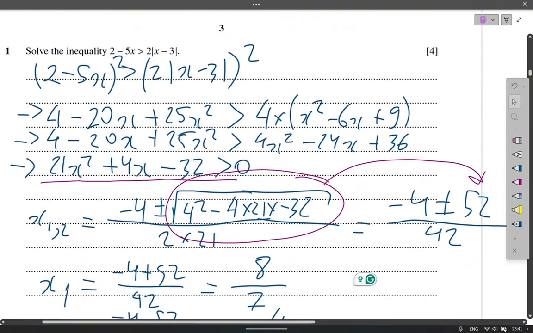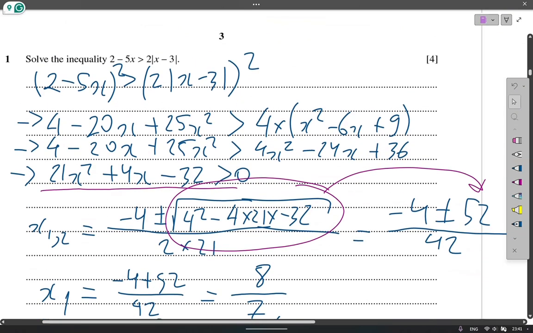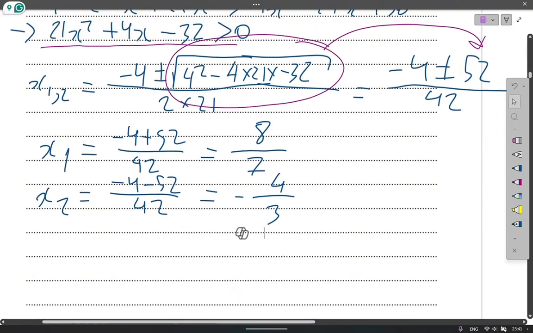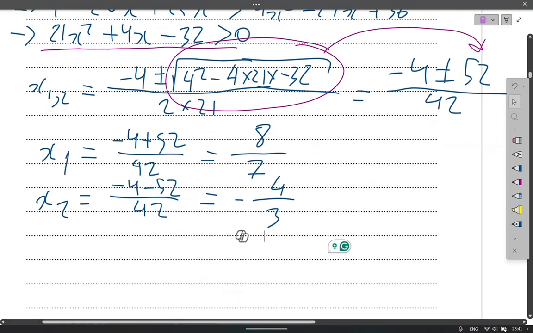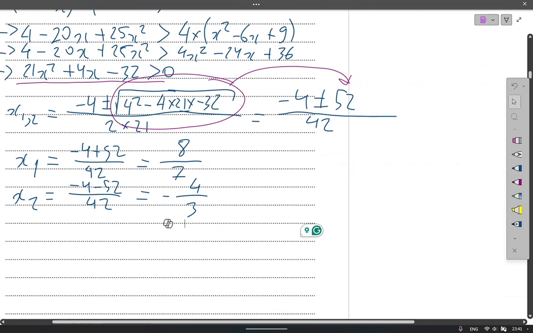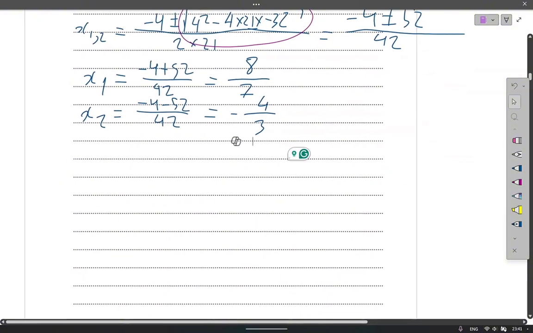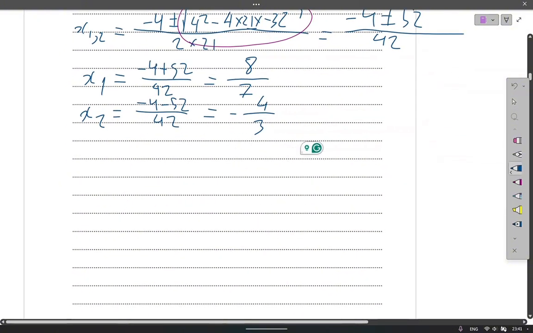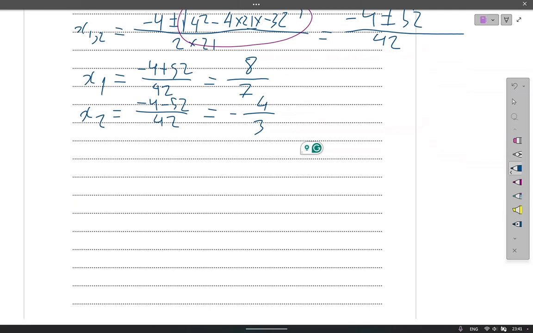Okay, since we took the squares of both sides, our equation had two solutions, but only one is real. Which means we have to test our solutions. So let's just test it for x equals 2.